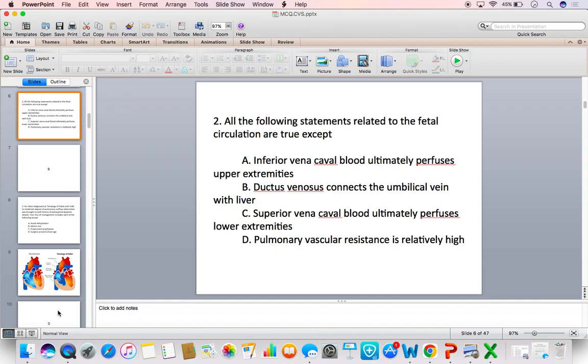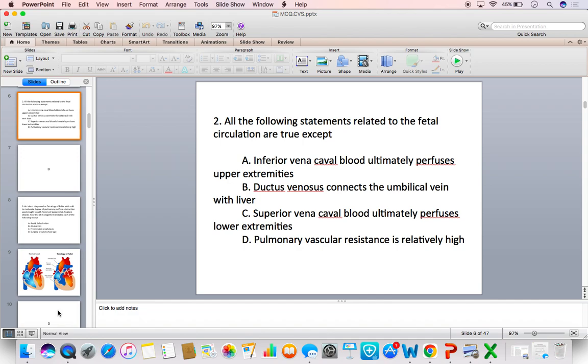Umbilical venous blood is better oxygenated, gets mixed with the inferior vena cava blood, which is pumped into the right atrium. It goes preferentially into the left atrium through the foramen ovale. The left atrium empties into the left ventricle, and left ventricle ejects its content into the aorta.